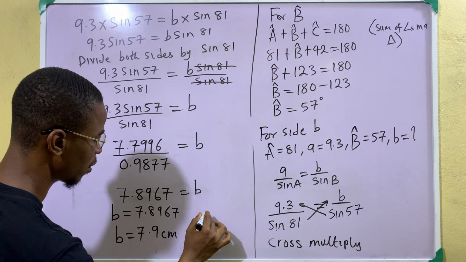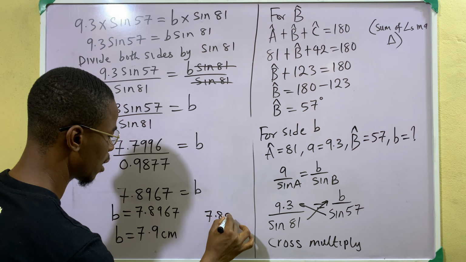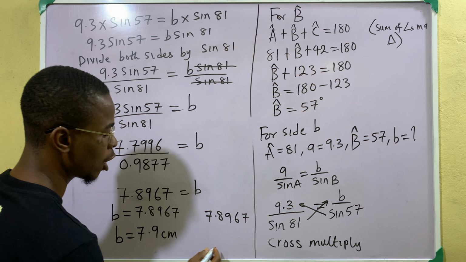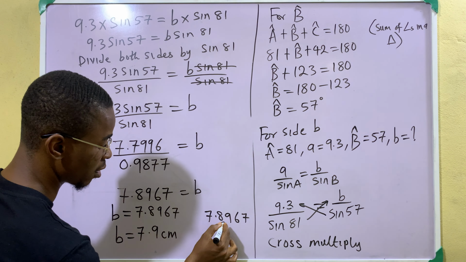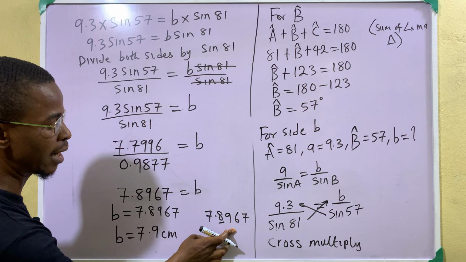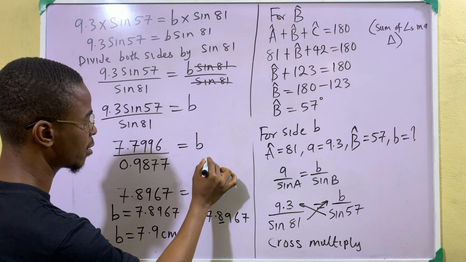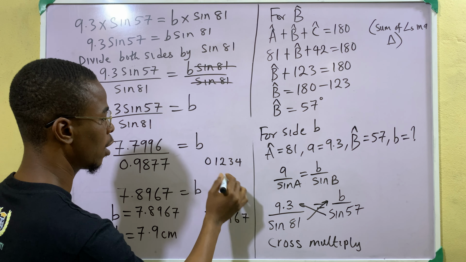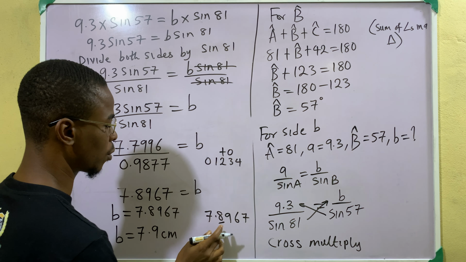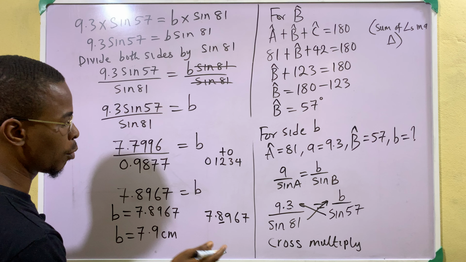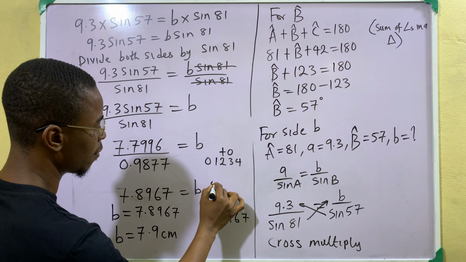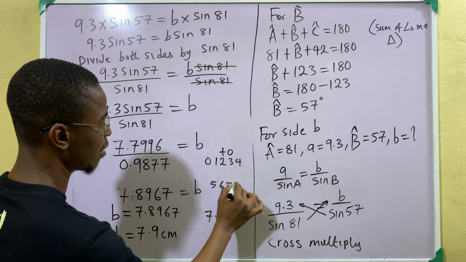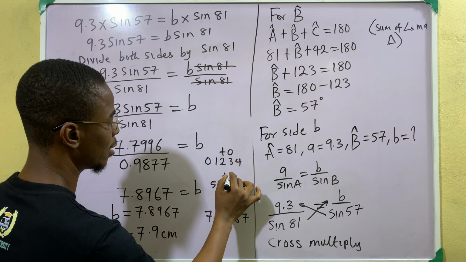If you have 7.8967, you want to approximate to the first decimal place, which is this. Check the next number after it. If the next number is 0, 1, 2, 3, 4, you are going to add 0 to that place you're approximating. But if it is 5, 6, 7, 8, or 9, you add 1.